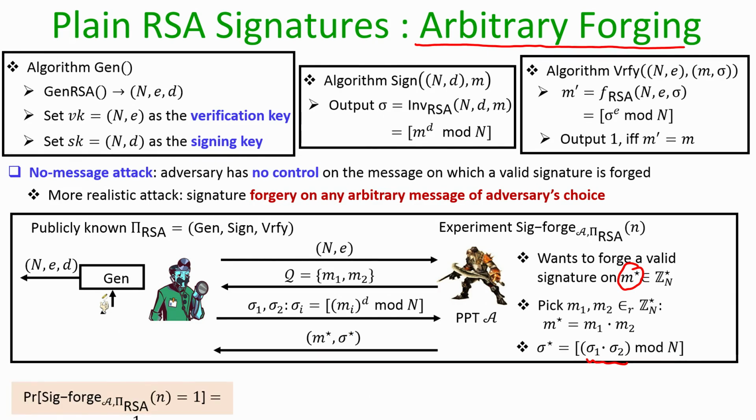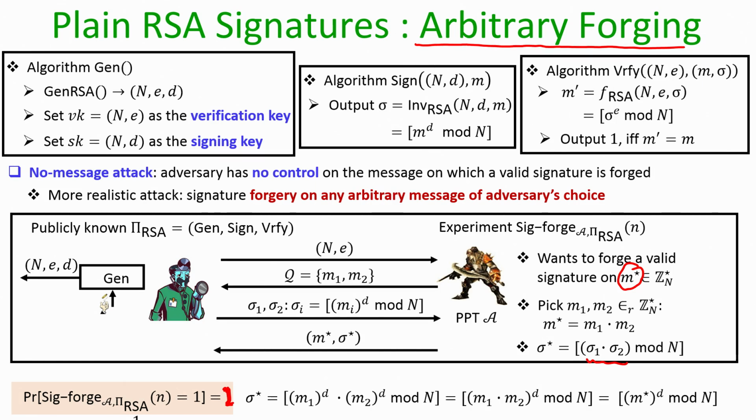And my claim here is that the probability that the adversary wins the game is 1. Sorry for the typo here, this 1 is coming down. So, what I want to say here is that the success probability of the attacker that we have seen here is 1. This is because if you see sigma star, it is nothing but M1 raised to the power d modulo n multiplied by M2 to the power d modulo n, because that is the value of sigma 1 and sigma 2.